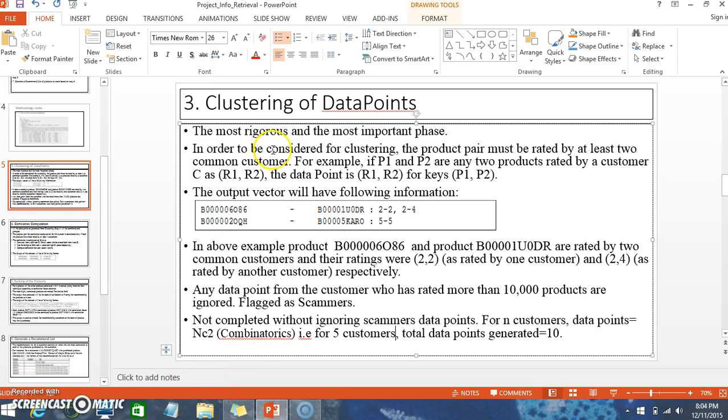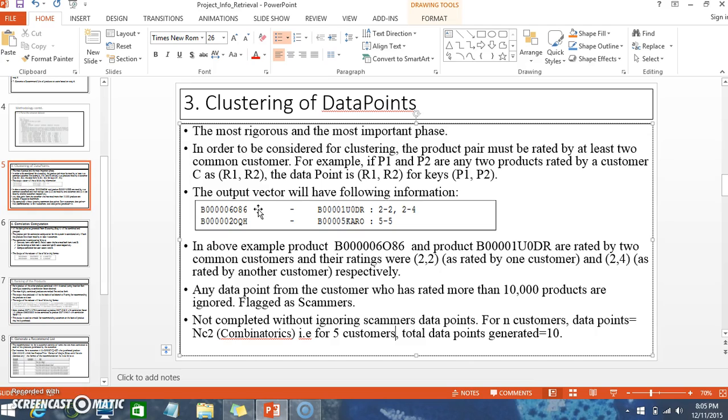Also, in order to be considered for clustering, the product pair must be rated by at least 2 common customers. For example, if P1 and P2 are any 2 products rated by a customer C as R1 and R2, then the data point generated for this customer is R1 and R2 for keys P1, P2.